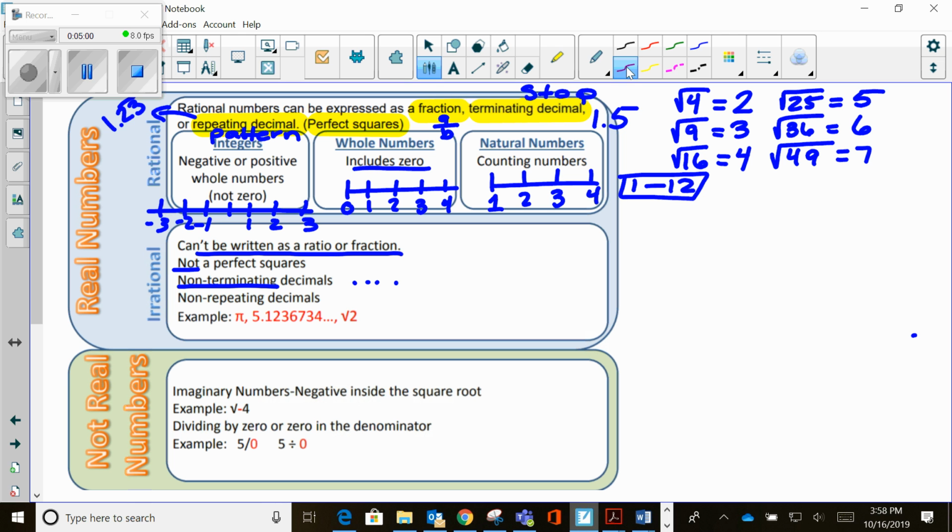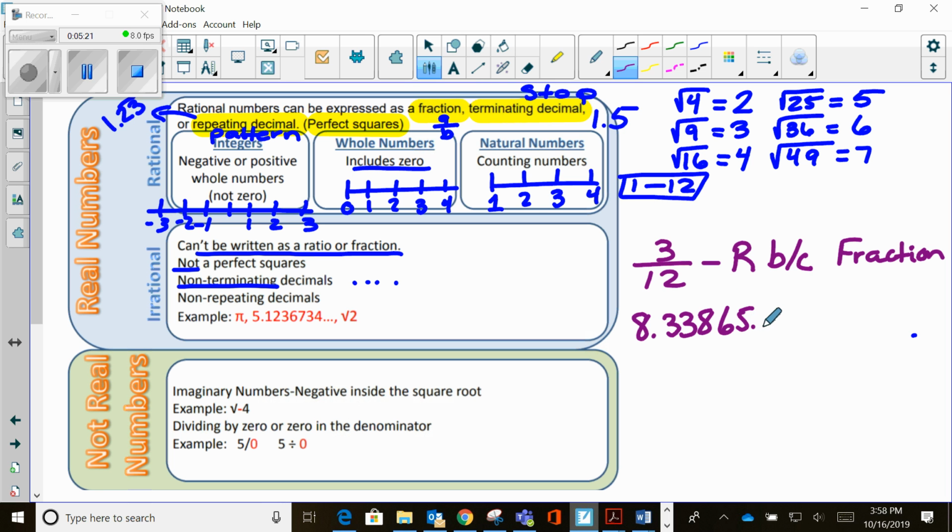So real quick before we end this video, let's go through a couple examples. 3 divided by 12 would be considered rational because it is a fraction. If we look at the example, 8.33865 and so on, this would be irrational because it is non-repeating and non-terminating.